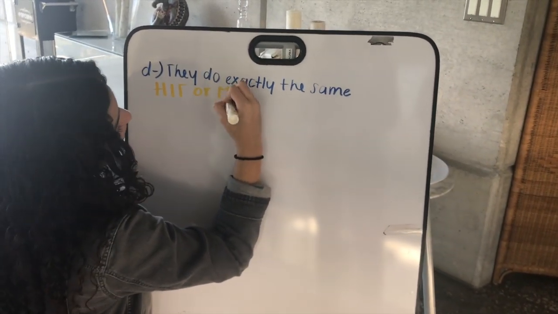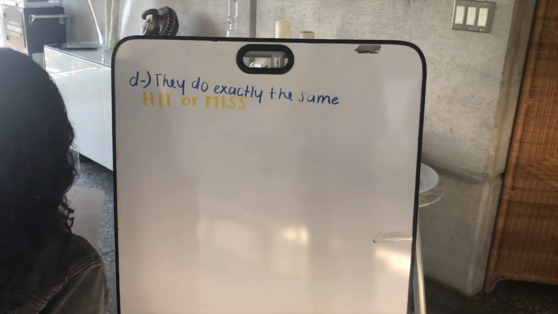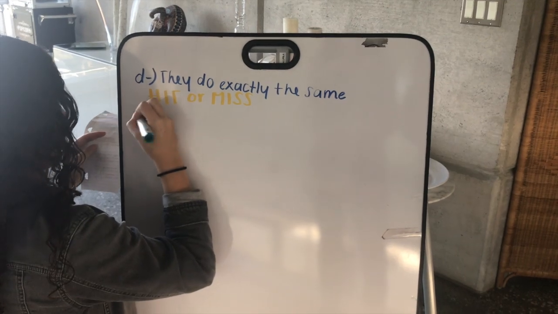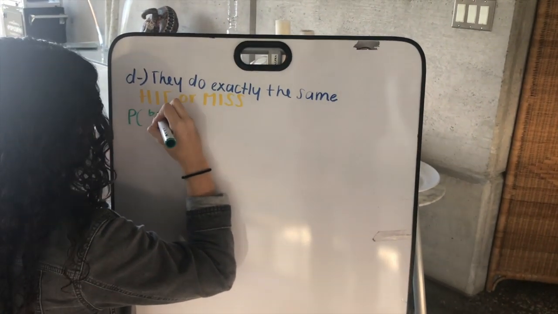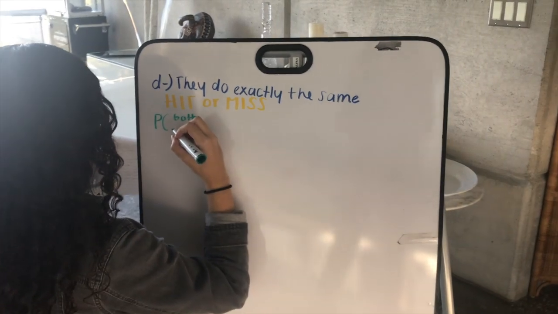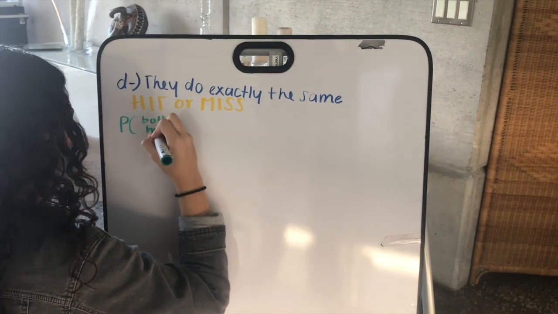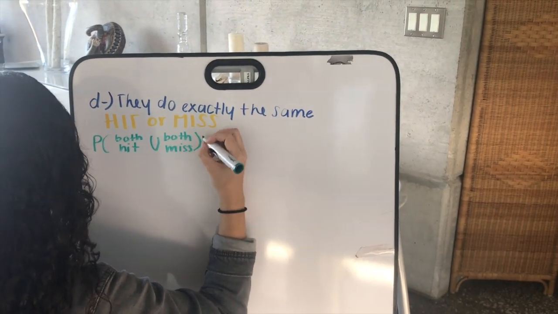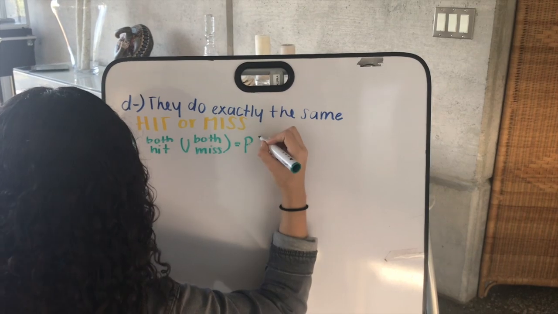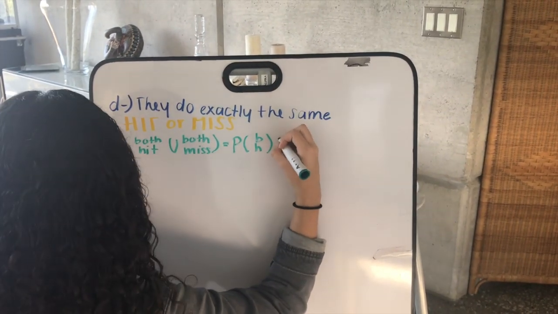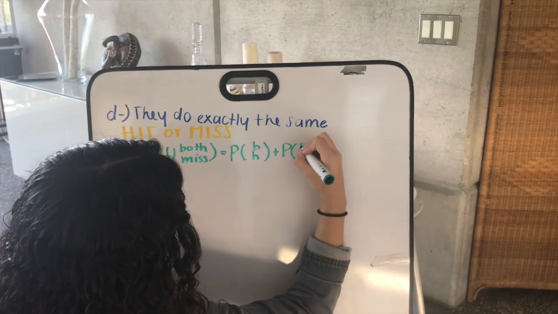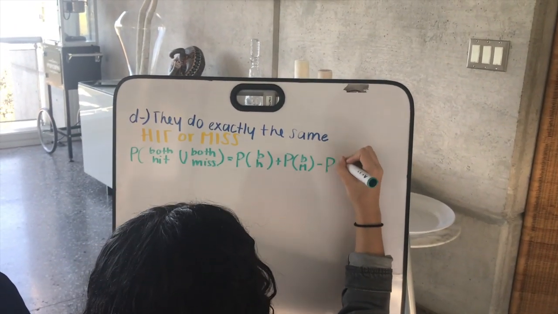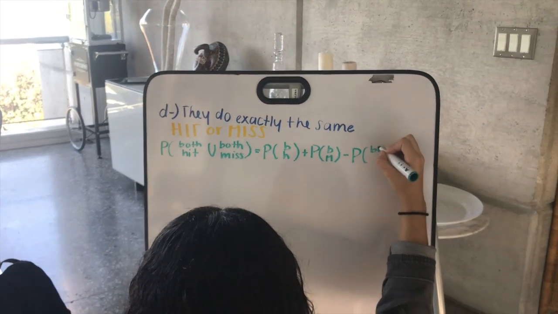Letter D: they both hit or they both miss. For this problem, we are going to use the addition law, because the events are mutually exclusive, since they cannot hit and miss at the same time. So we take the probability of both hitting or the probability of both missing. Remember that or means union, and union means sum up. So it is the probability of both hitting plus the probability of both missing minus the probability of both hitting and both missing.